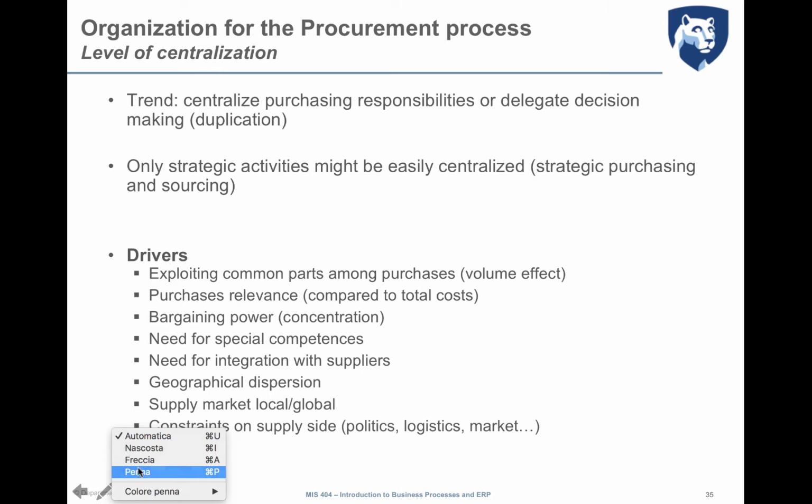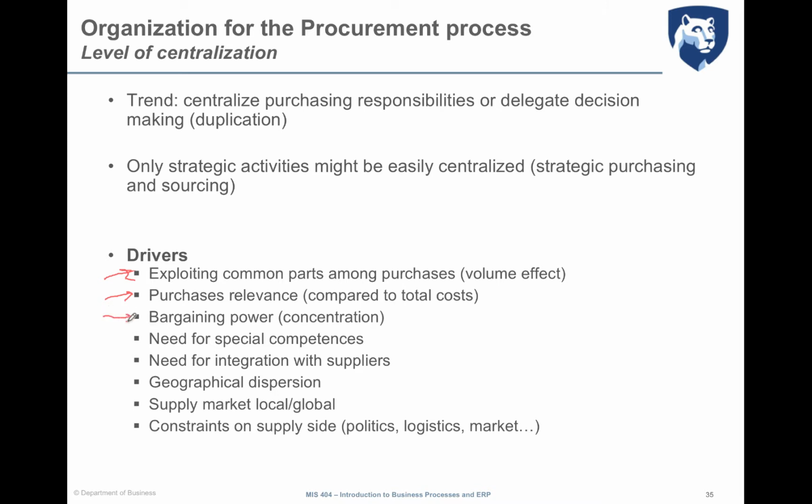The first driver is the need to exploit common parts among purchases, so gain volume effect. Different users can have common needs to be purchased. Then, how relevant is purchasing for the company, in terms of spending, number of categories, number of orders, and so on?